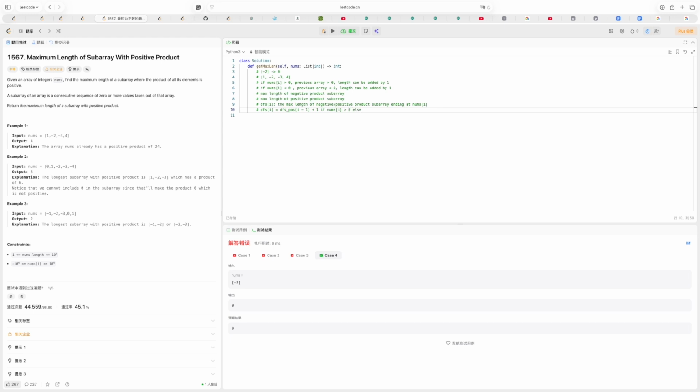Else in dp[i] it will be, okay, let me think. If negative[i-1] plus 1 if nums[i] is smaller than 0.